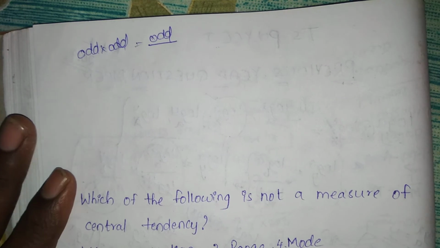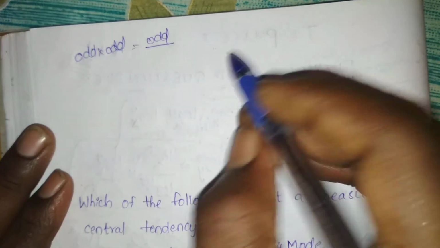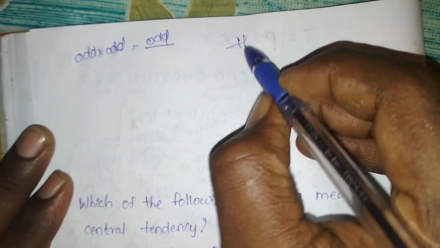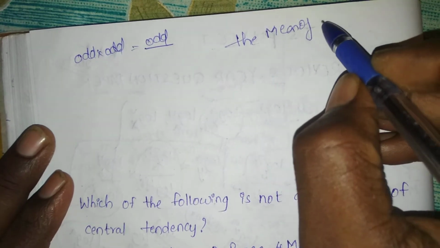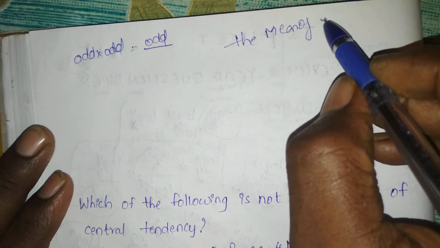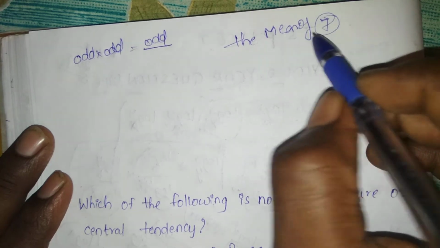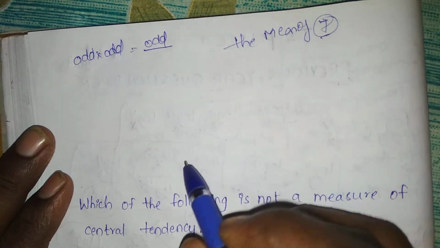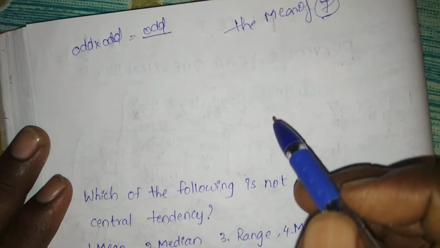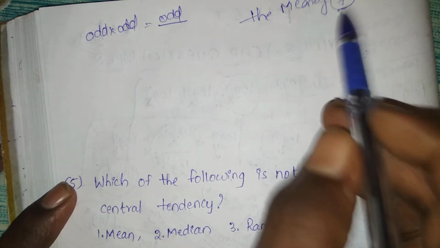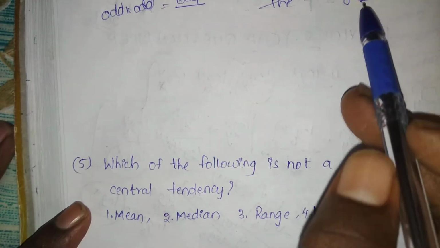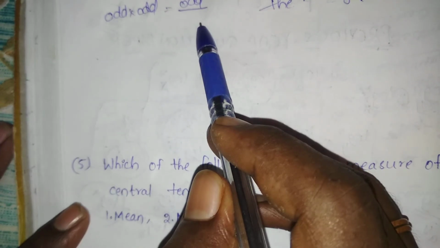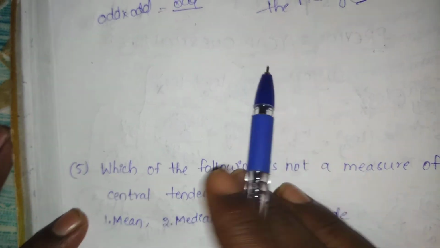In the question it is given that the mean of the first 10 odd multiples of 7. Here 7 is odd, so if you multiply 7 with an odd number, we get odd numbers. Up to 10 we can add them.